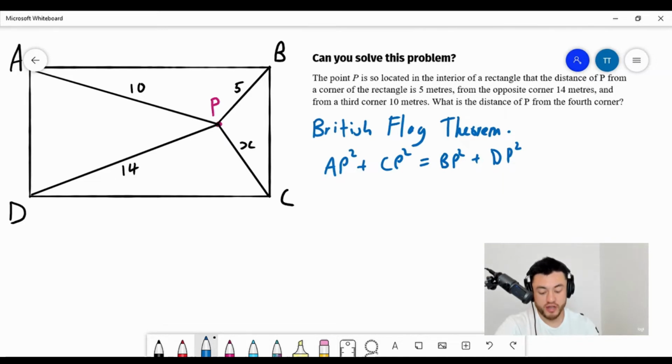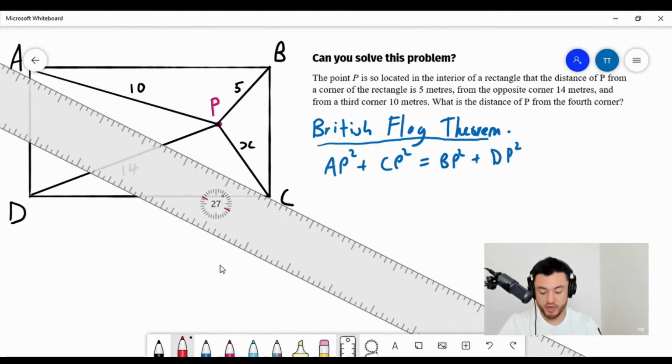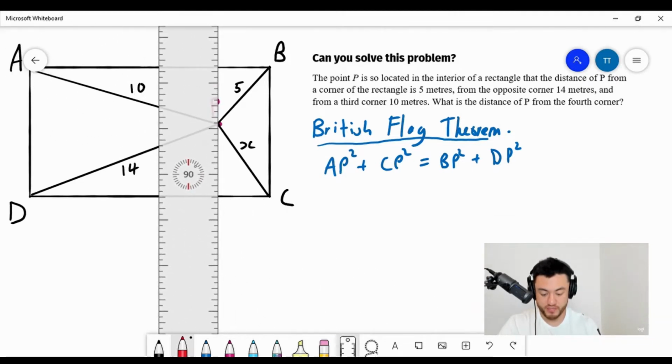And once we know that, it's very straightforward to find X, but I think it's interesting to see how we actually arrive at this particular theorem. And so what we're going to do to start is add in two perpendicular lines going through P. And you'll see how this theorem gets its name.